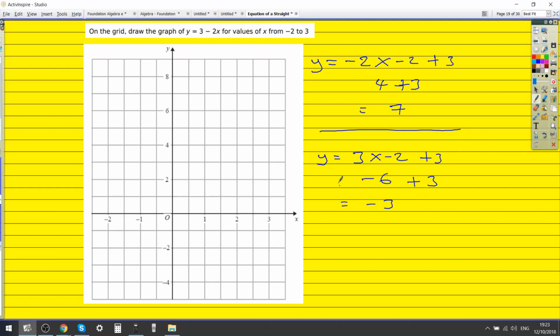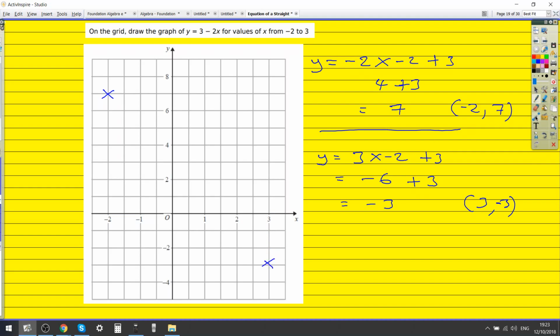And then you do -2, 7, and 3, -3. 3, and then you just plot that, you just put the points and then join them together.